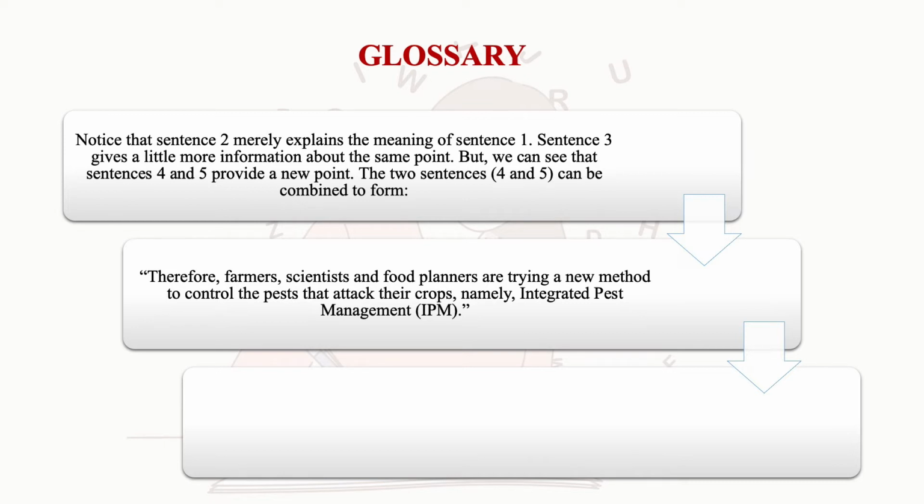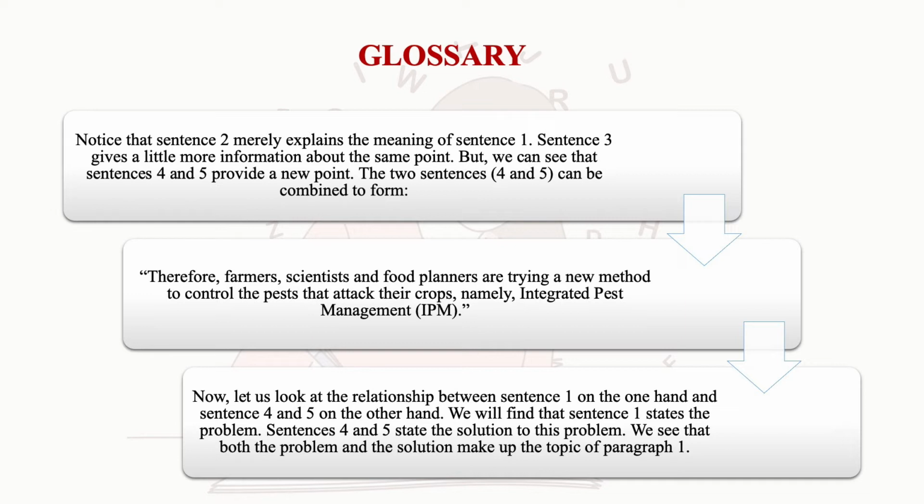That is IPM. The short form of integrated pest management is IPM. Now, let us look at the relationship between sentence 1 on the one hand and sentences 4 and 5 on the other hand.